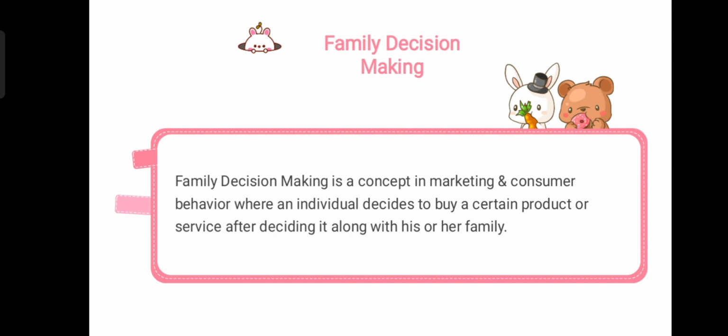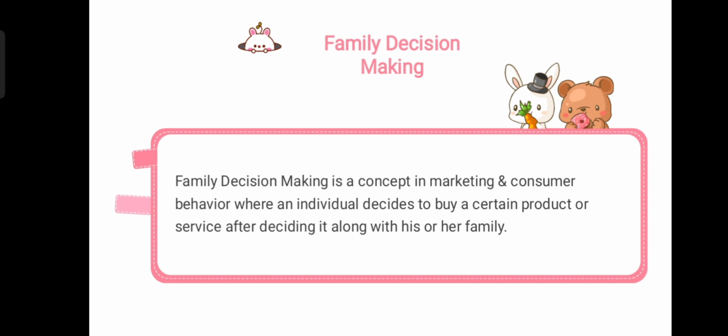For example, I want to buy a skincare product, like a whitening one. But then my family told me not to, because it can affect me in the future. It can destroy my skin, they said.